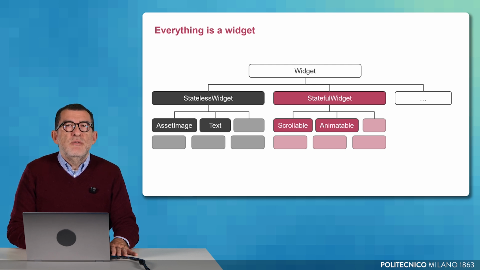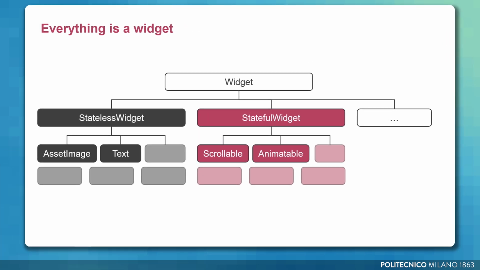As mentioned before, every graphical element in Flutter is a widget, and the framework follows a classic object-oriented inheritance structure. At the top of this structure lies the abstract Widget class.